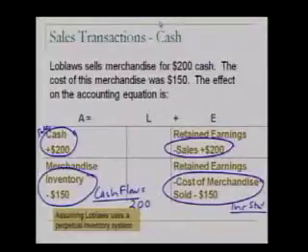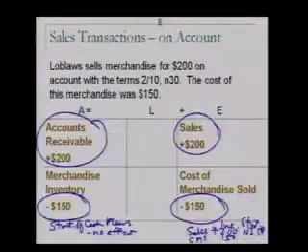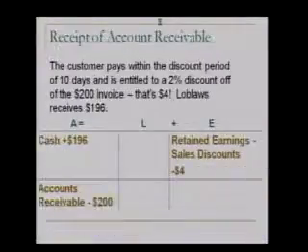So is this operating, investing, or financing? Operating, right? From that regular line of business, right? Right, it's operating. Income statement would be the same. Okay, sales going up 200, cost of merchandise sold 150, net income 50. Right, so keep that in mind for your See Now assignment, your online quiz.